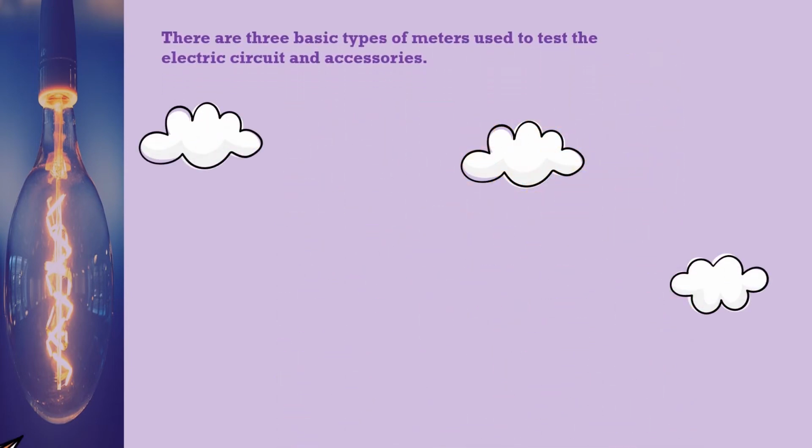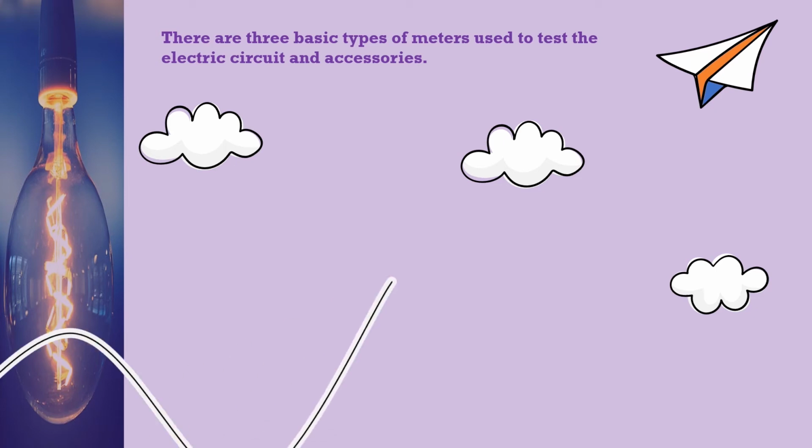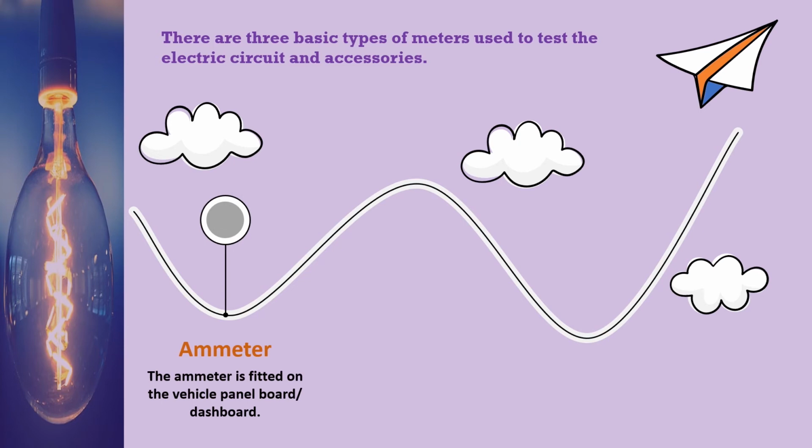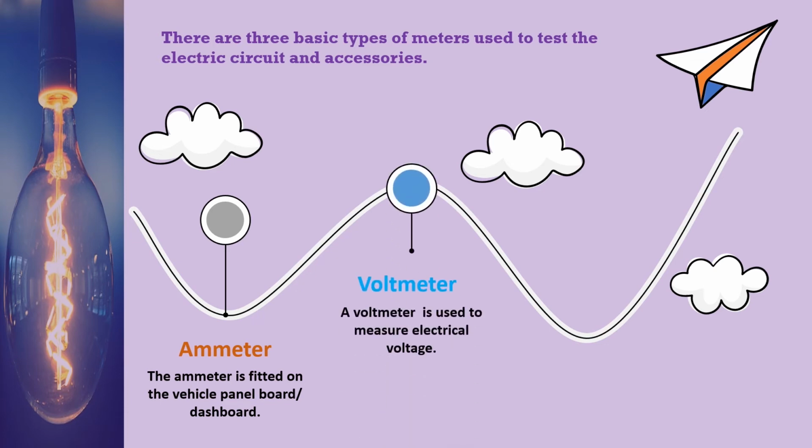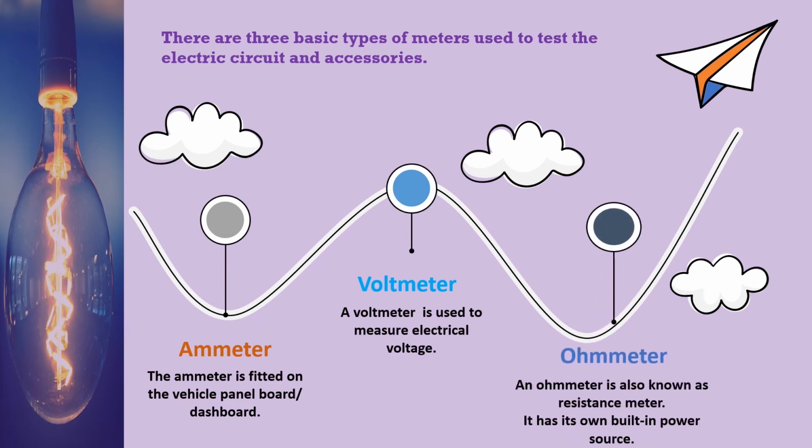There are three basic types of meters used to test the electric circuit and accessories. Ammeter. The ammeter is fitted on the vehicle panel, board, or dashboard. Voltmeter. A voltmeter is used to measure electrical voltage. Ohm meter. An ohm meter is also known as a resistance meter.